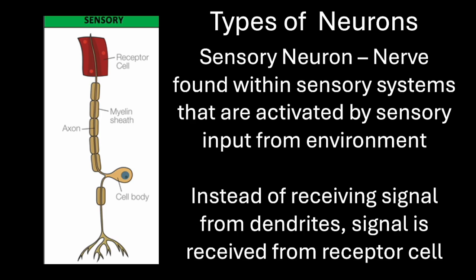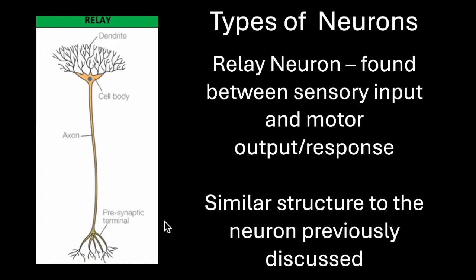So it's receiving information at this receptor cell, and it's then passing that information on throughout the axon. The cell body is moved in this case. And then at our synaptic terminal over here, we would imagine there's probably a relay neuron with dendrites ready to pass on that signal to more and more neurons.